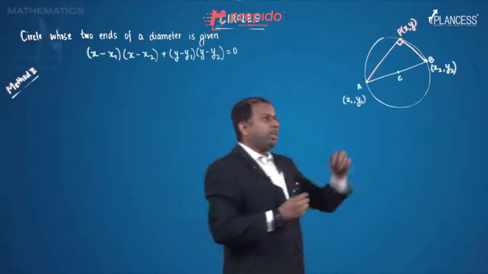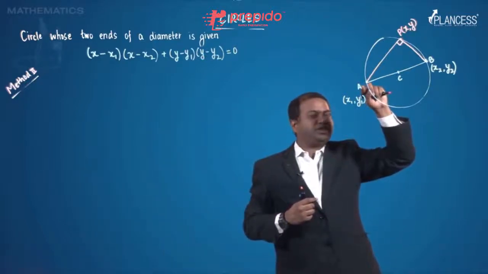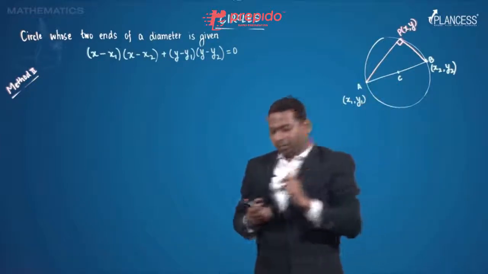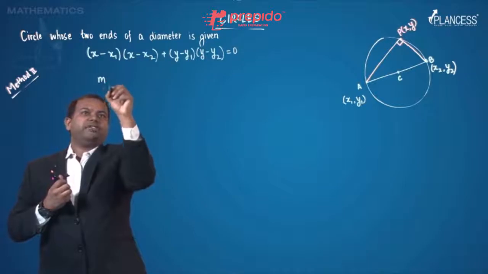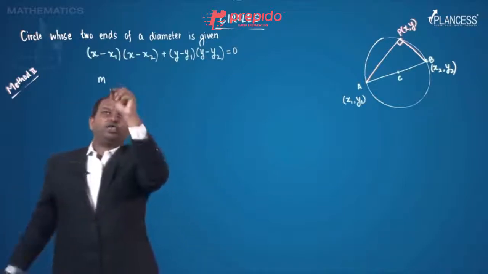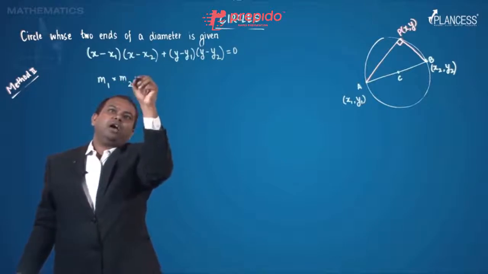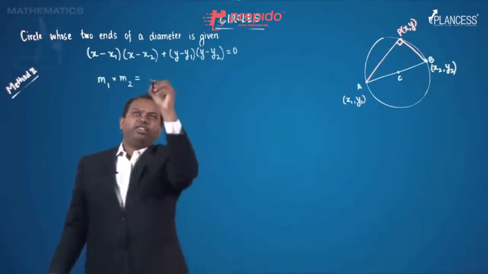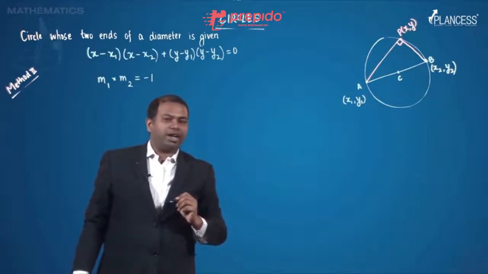So clearly we know by the knowledge of straight lines that if two lines are perpendicular, let us say line 1 has a slope m1 and line 2 has a slope m2, then the product of the slopes of the two lines will be equal to minus 1.